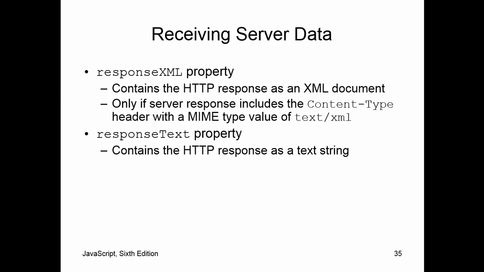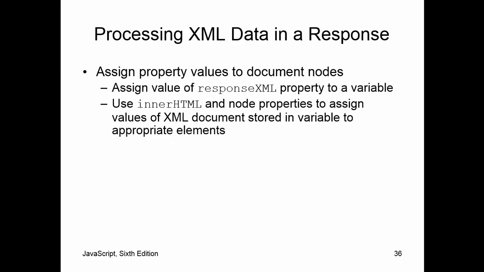These properties contain the HTTP response as an XML object and as a text string. So what you can do when you're processing this stuff is you can process the contents of the responseXML property by assigning property values to document nodes.